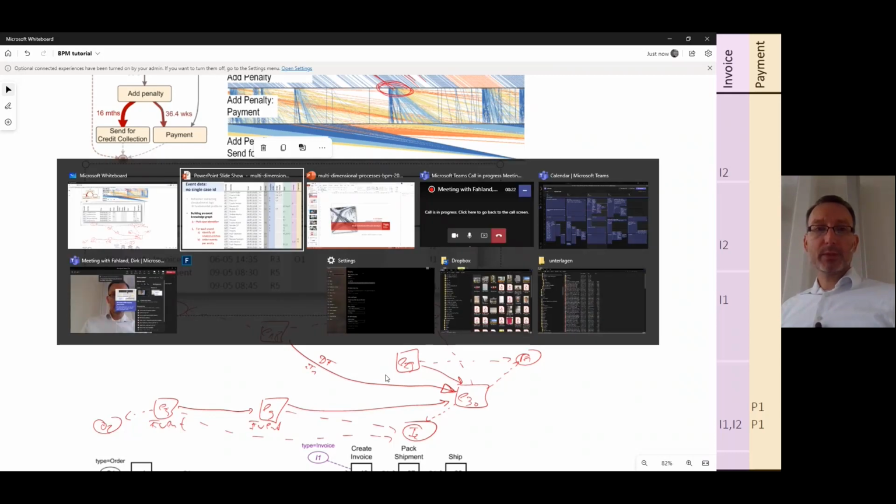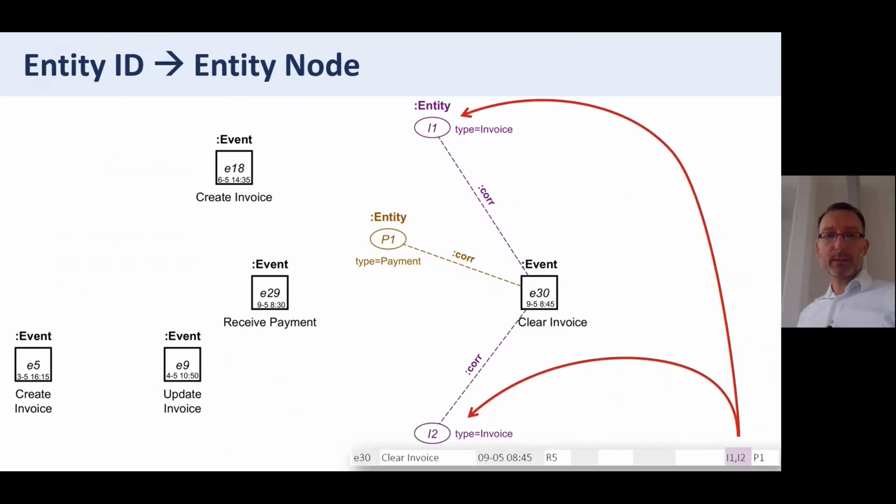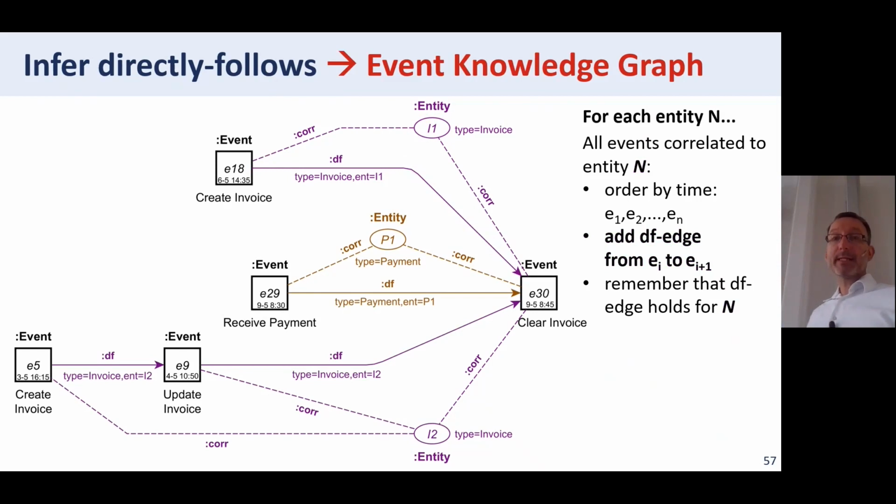Okay, so these are all the steps that I just did with you on the slides. Then I get an event knowledge graph. Call it an event knowledge graph because it's using the property graph model that's used in knowledge graphs. Well, it's one kind of knowledge graph.